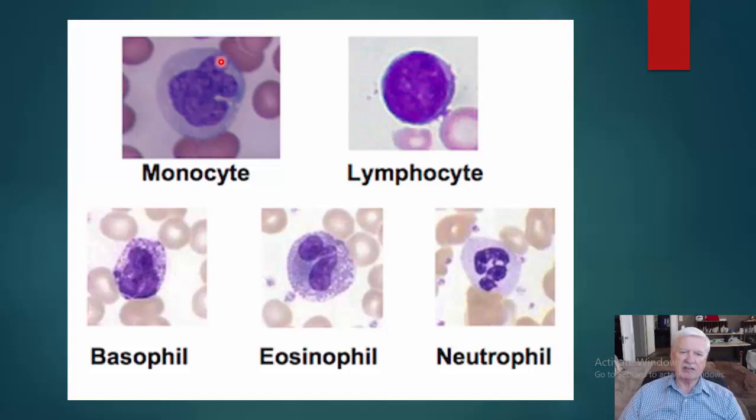See, agranular, a little bit bigger than a lymphocyte, and no grains in the cytoplasm. This is a lymphocyte. See, it's agranular, and the nucleus is taking up the entire volume of the cell. Here is, let's see, that crazy nucleus again.